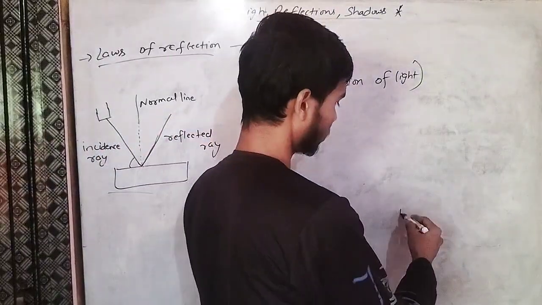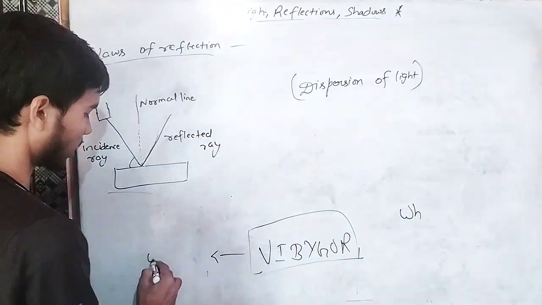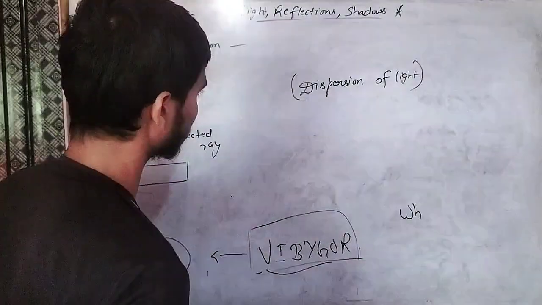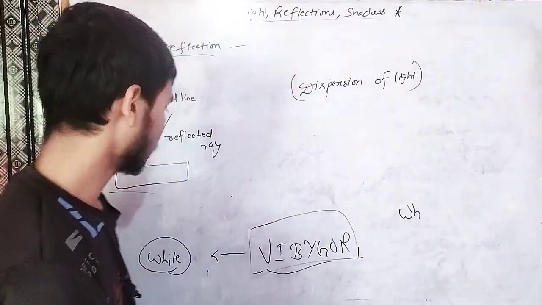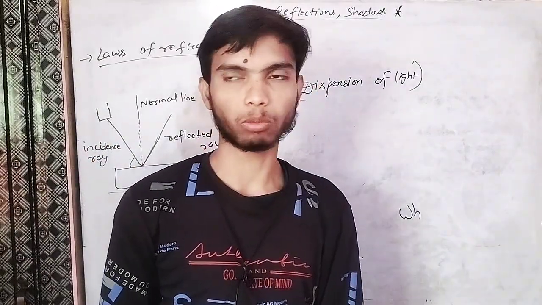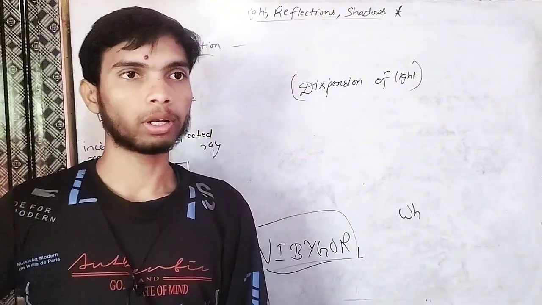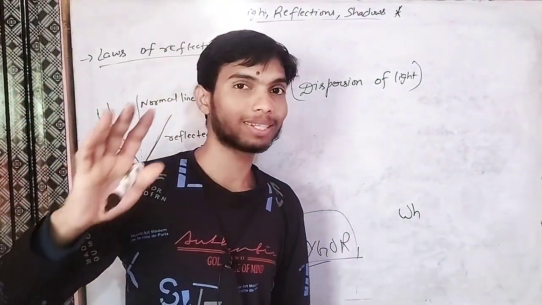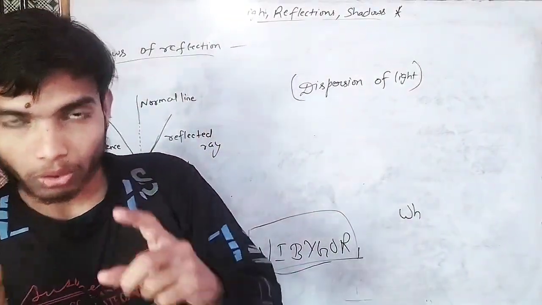So remember, these are colors of white. White has all these colors. All these colors are found in white. We see these colors in a rainbow. A rainbow appears after rain, and we see it opposite the sun, in front of the sunlight.